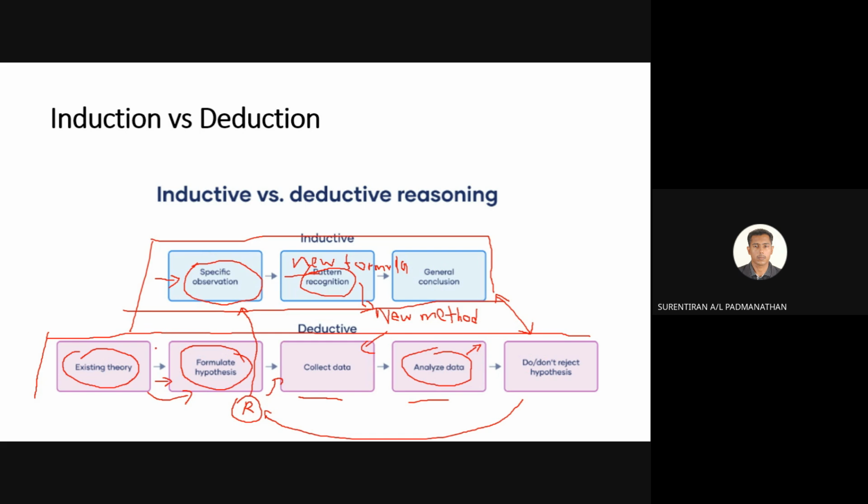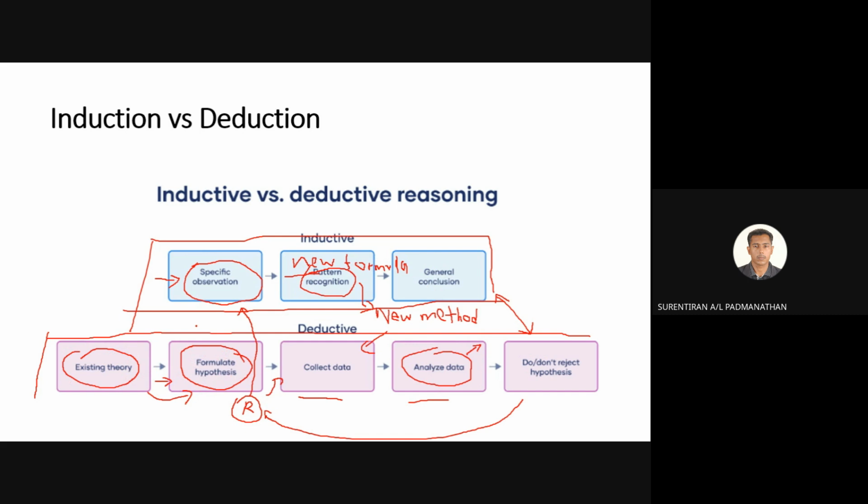Now when you already come out with a new formula or new method, it's already a theory when you prove it and it is accepted by the scientific community, saying that this theory or this formula is true and correct. So it becomes an existing theory when you publish. When the next person comes, using that theory, using that formula, he formulates a hypothesis.